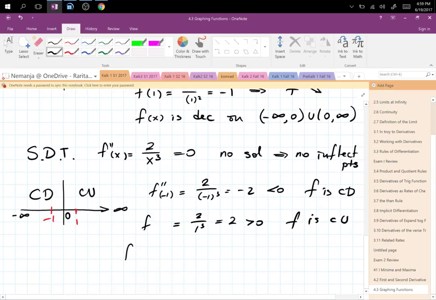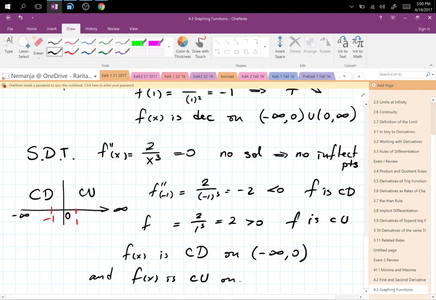So the function f of x is concave down on -∞ to 0, and f of x is concave up on 0 to ∞.